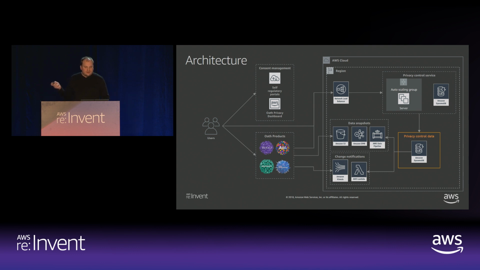It also works on containers, Lambda functions, and other containers. You can find it on GitHub if you are interested. So you can see in the privacy control service, we have here an Amazon DynamoDB table.